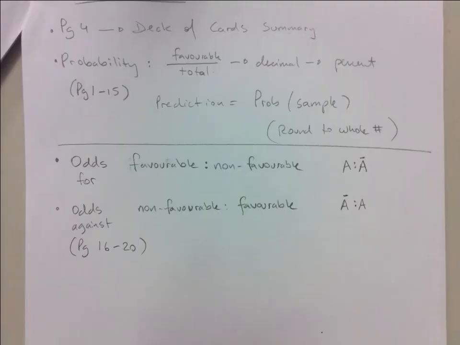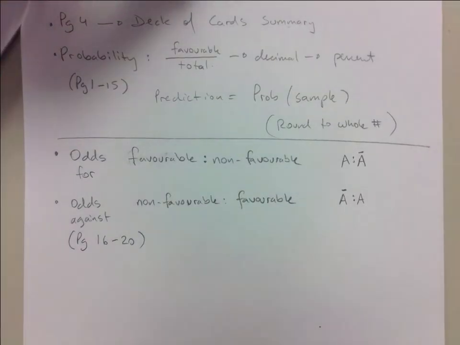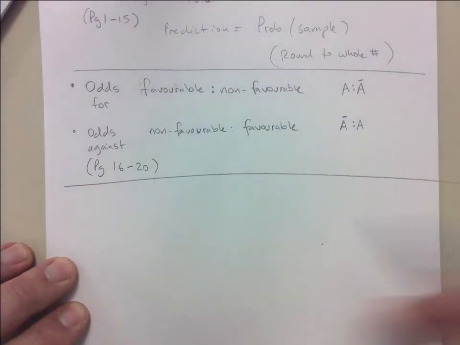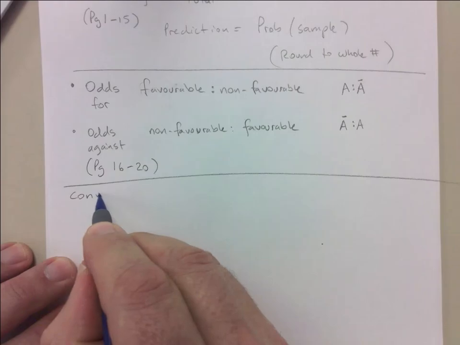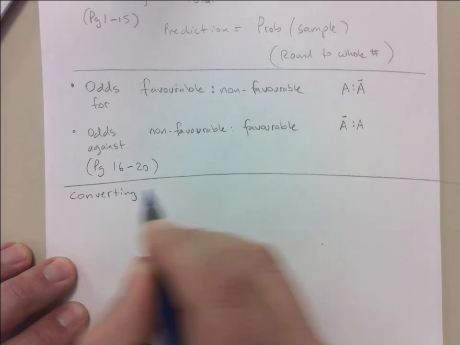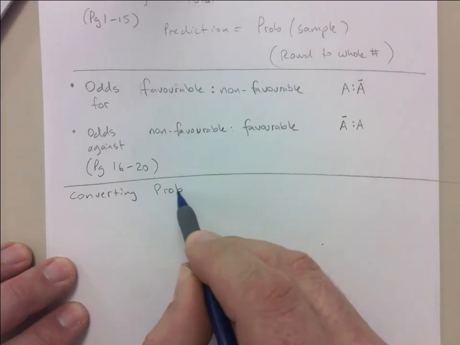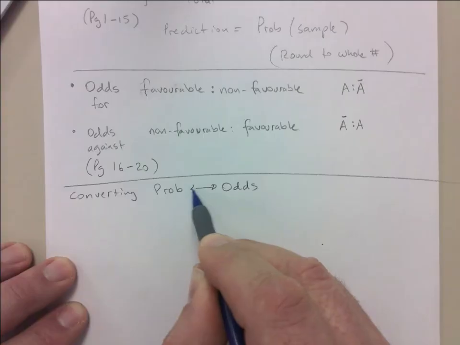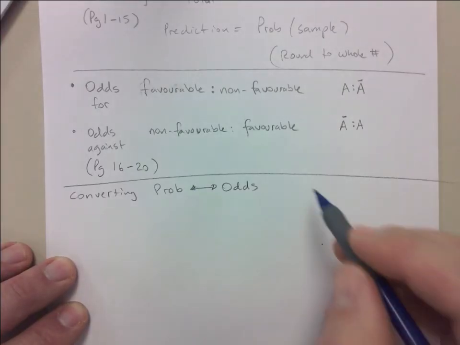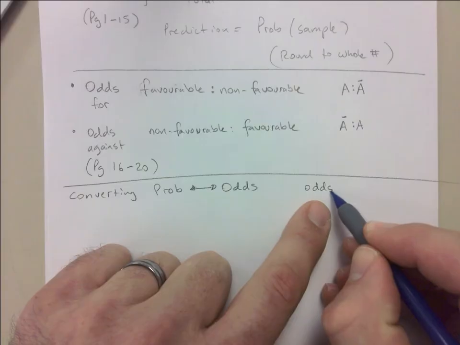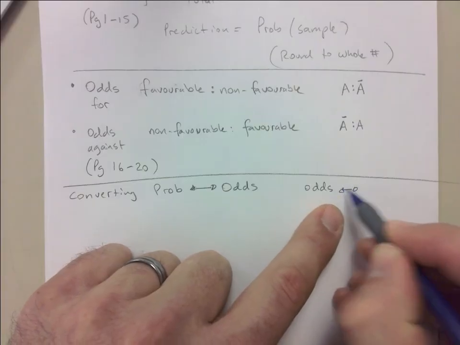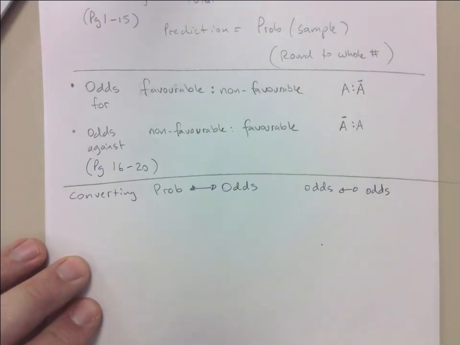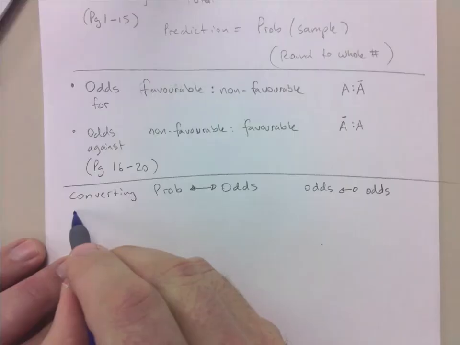And then you have converting probability to odds back and forth, also odds to odds. You need to know how to do that. That's on page 26.